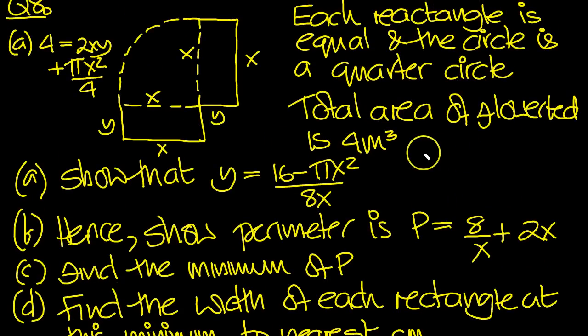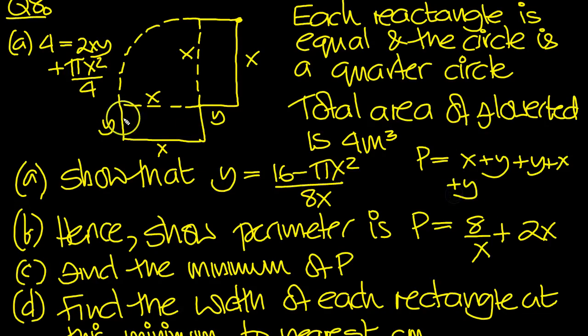So the perimeter then, let's have a look at that from the sketch. Starting from this top corner, we've got an x, a y, another x, then another y, another x, then another y, and then this distance here, the circumference, which is 2 pi r for a whole circle.